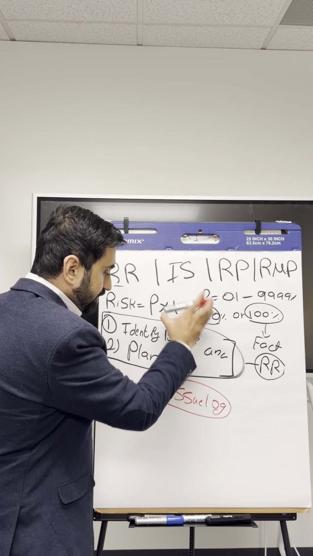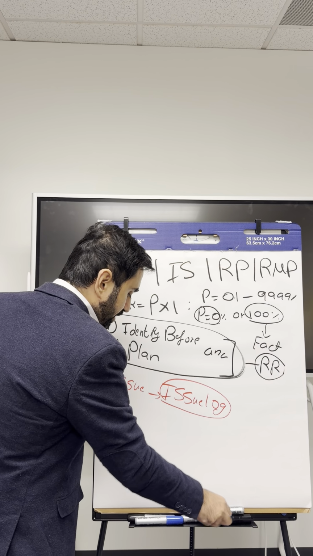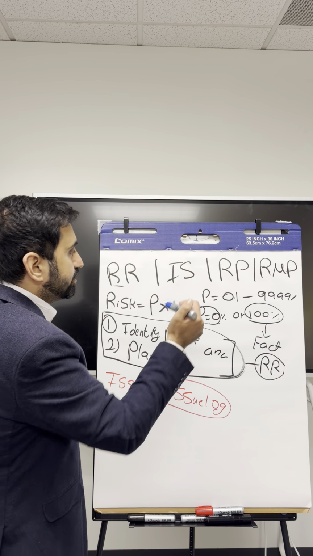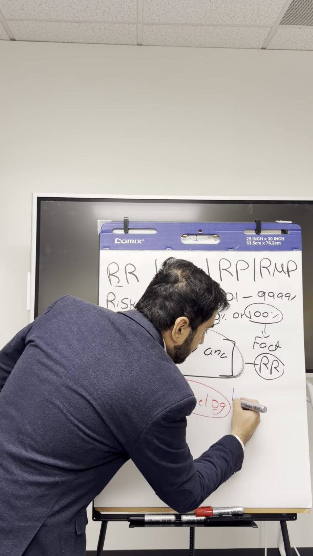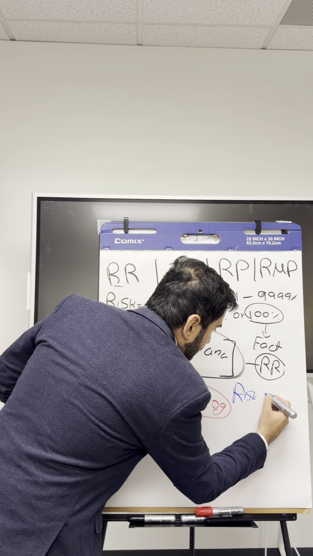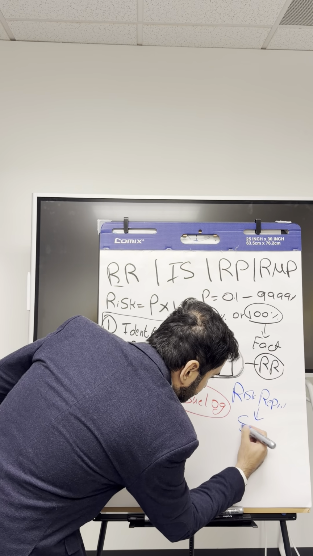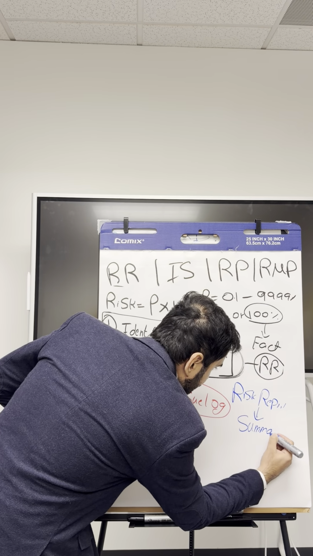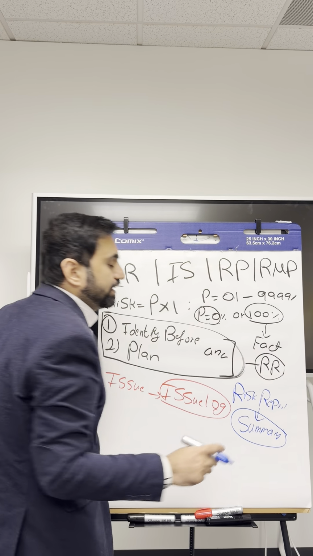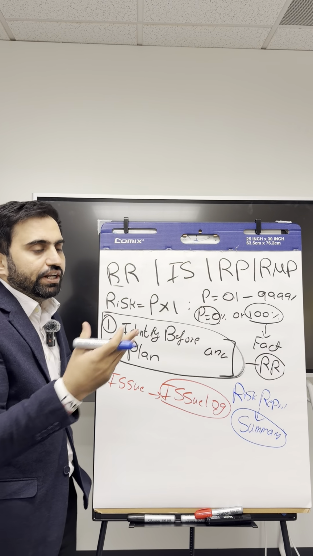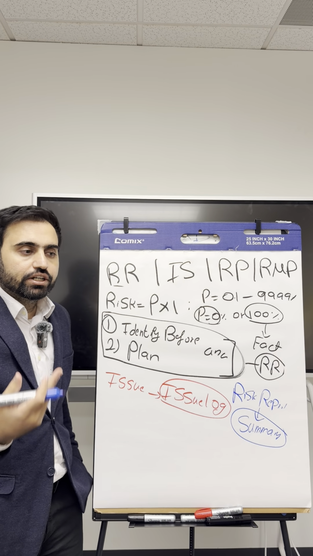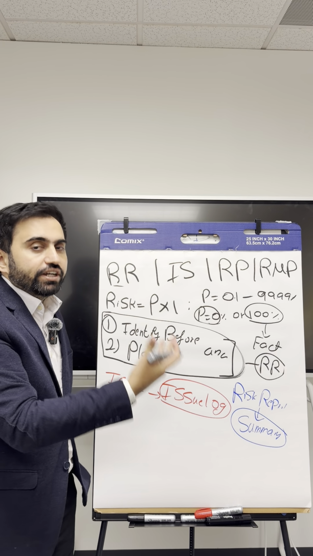Now, these are the 2 documents. The third document is the risk report. Risk report is a summary of what has happened. You see, in many projects you have a weekly or bi-weekly meeting.